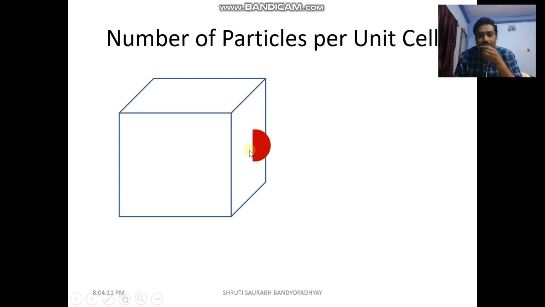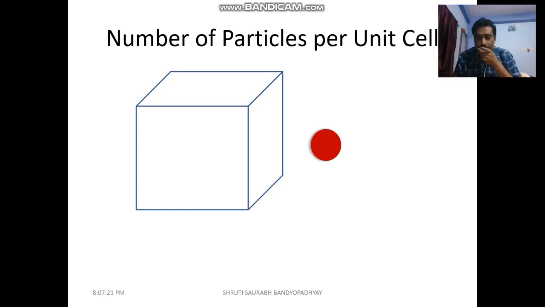A particle at the center of a face is shared between two unit cells: one unit cell outside this cube, and one is this cube itself. So the face share will be half. A particle at the center of each face contributes half of its volume to one unit cell. I repeat, a particle at the center of the face of a unit cell contributes half of its volume to one unit cell.